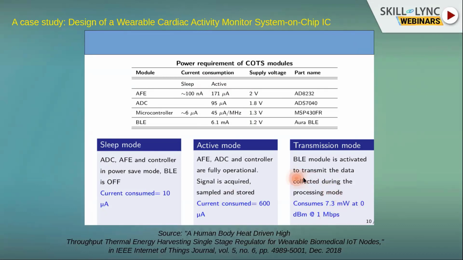If we have a system like this, you can power profile your entire design based on what modules you have and the current consumption that each of them takes.